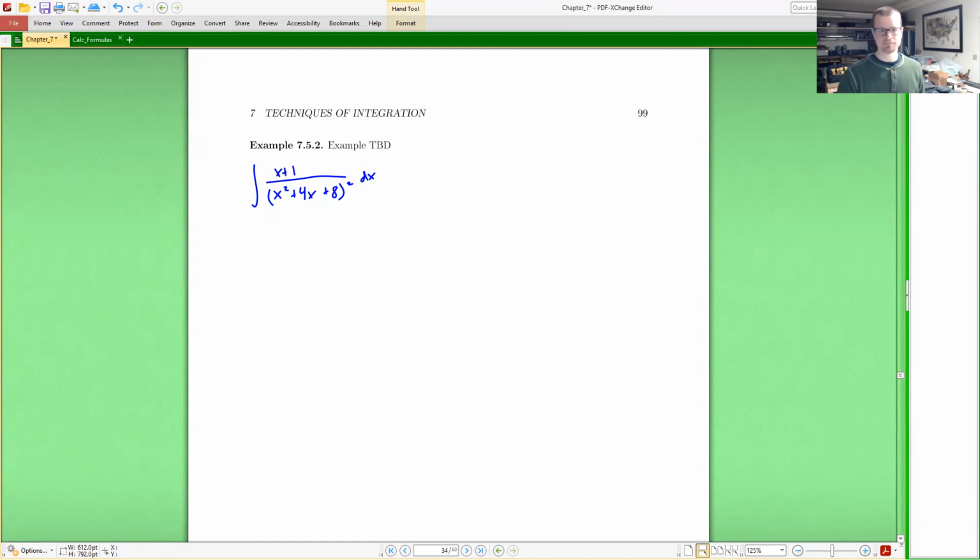None in this case. The denominator has a quadratic that's being squared. Is that quadratic factorable? What multiplies to 8 and adds to 4? Nothing. 1 and 8 multiply to 8, that doesn't give us 4. 2 and 4, that doesn't work.